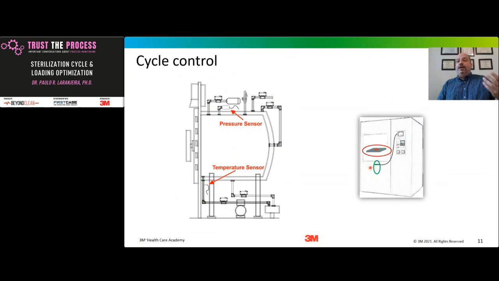In our cases, where we have non-metallic medical devices or non-metallic barriers, in other words, we will have situations where the temperature inside of the chamber on our product, on our medical device, will be lower than the temperature on the drain.